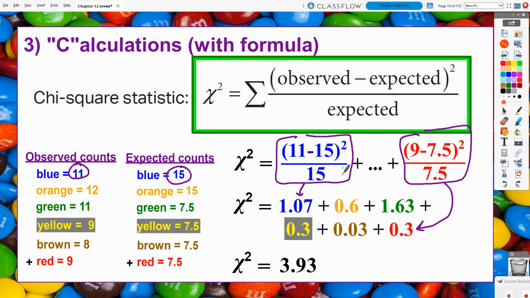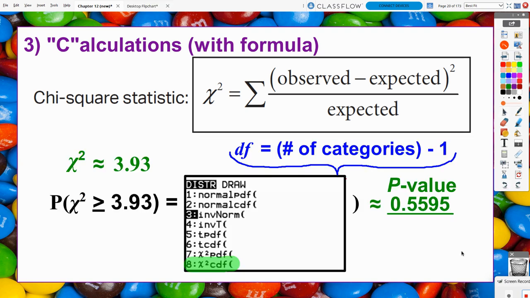What we need to do with all these individual chi-square numbers is, capital sigma, add them all up. When I add up all of the individual chi-square values, I get an overall chi-square test statistic of 3.93. Now we take that 3.93 overall chi-square test statistic and we need to convert it into a p-value.